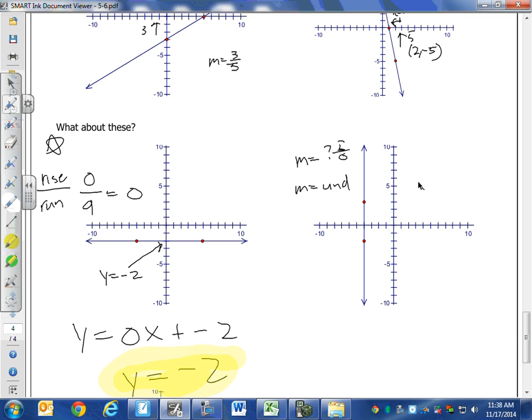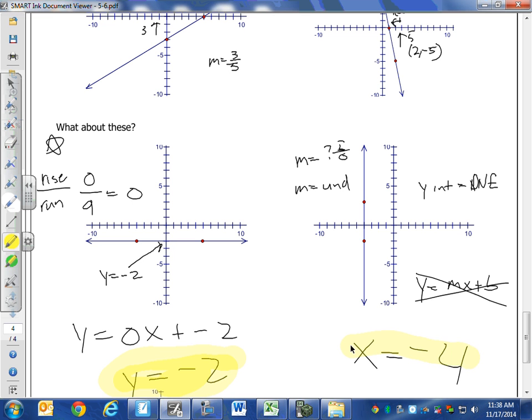I do not have a y-intercept. Well, that means y equals mx plus b is not going to work. But there's still an equation for that line. That's it. x equals -4.